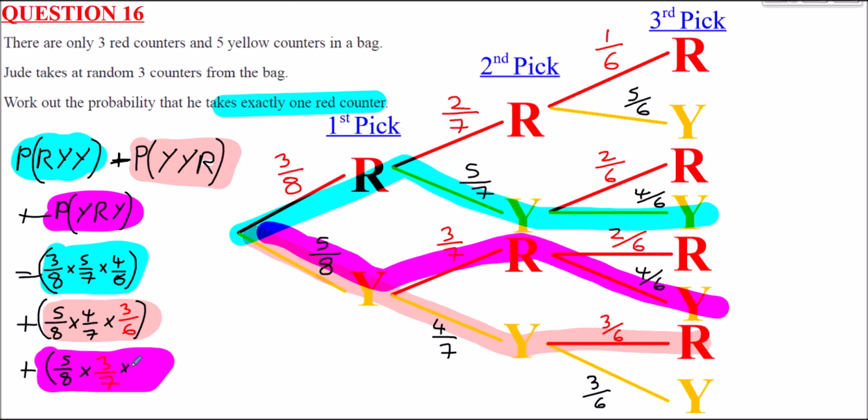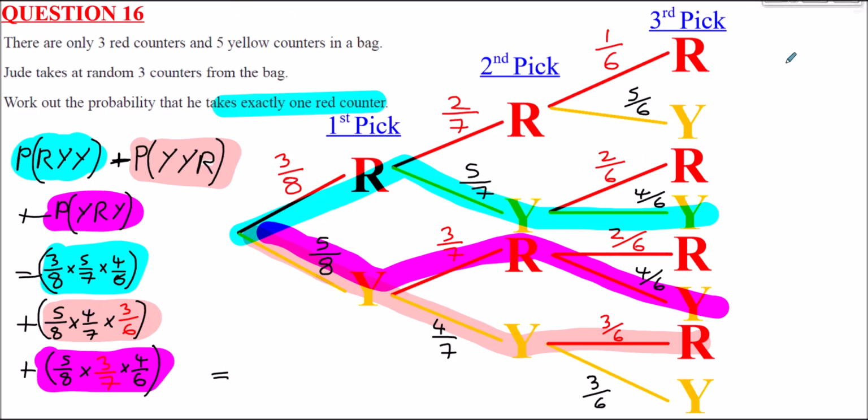So as you can see, it's an awful long calculation to do this, but we will be able to get it sorted. It just takes a slight bit of time. So first off here, you'll notice these denominators are all going to be 8 times 7 times 6. So what is 8 times 7 times 6?